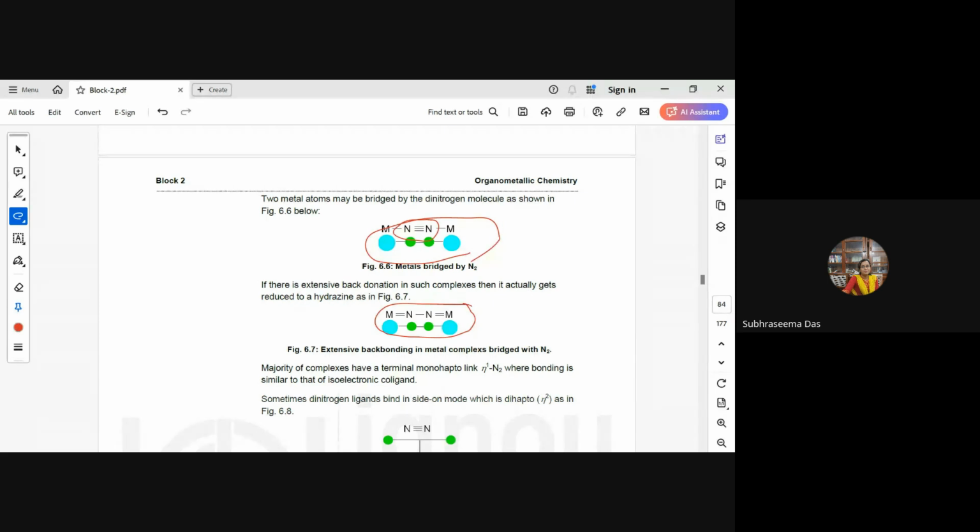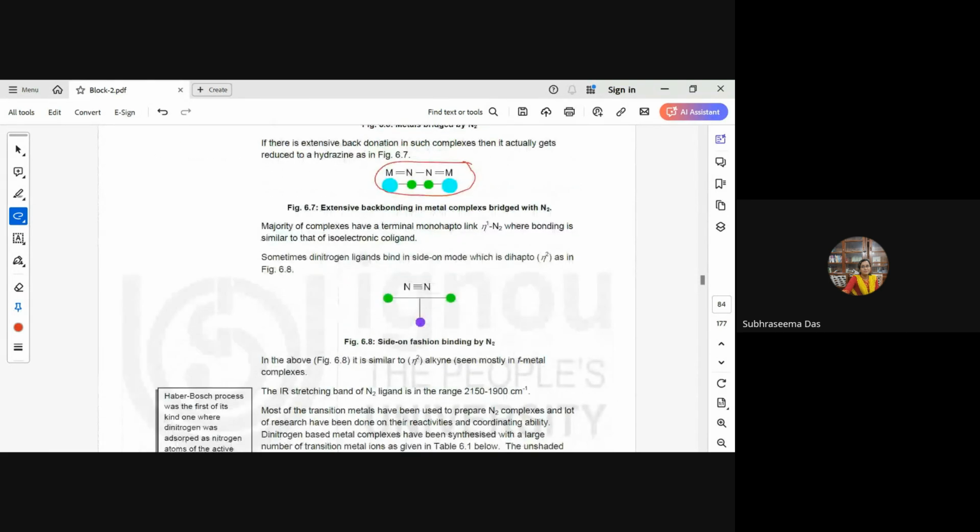This occurs because of the back bonding from the metal atoms. Now the majority of the complexes have terminal eta-1 and eta-2 linkage, where bonding is similar to that of an isoelectronic ligand like CO. Sometimes dinitrogen ligands bind in a side-on mode, which is shown here.